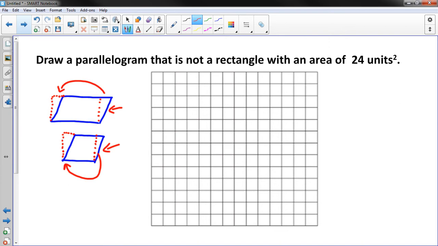So what I might advise you at home or in class is sketch out an area of a rectangle first, then draw it a little lopsided, then you'll have a parallelogram.